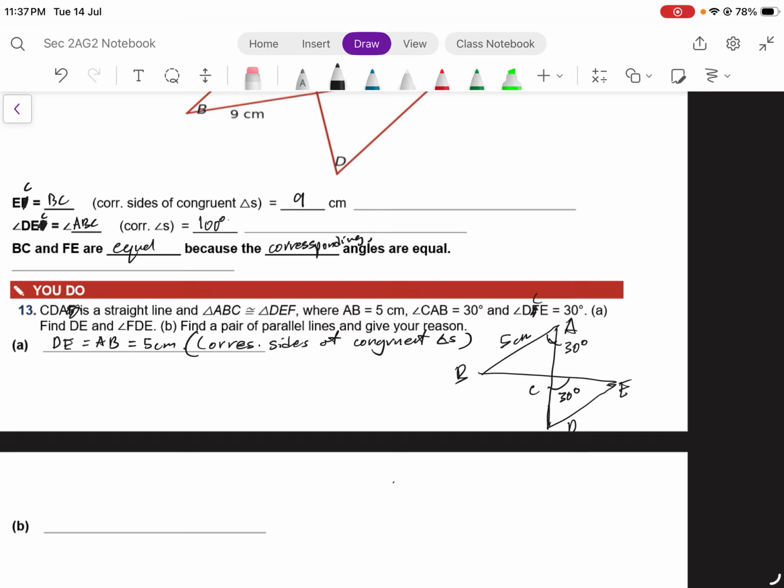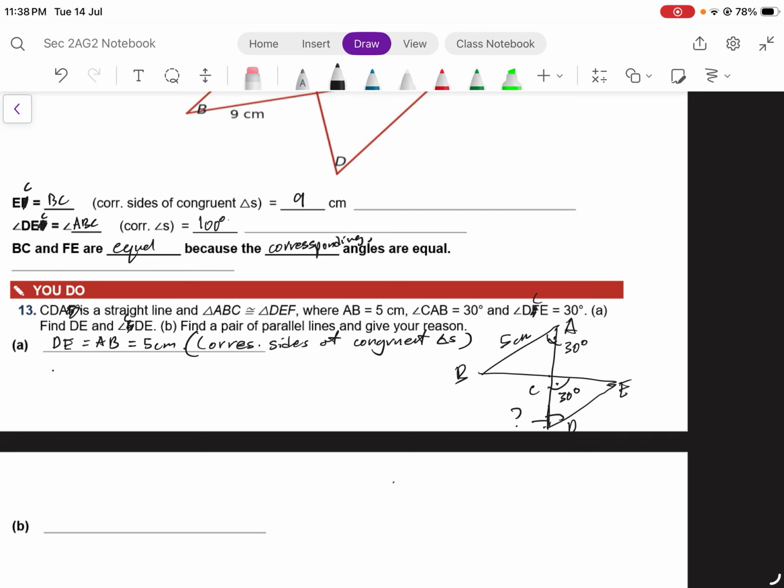And angle FDE should be CDE, right? CDE. They're asking for this one. So we know this is 30, this is 30, this is 30, right? DCE, so this side corresponds to angle A, right?